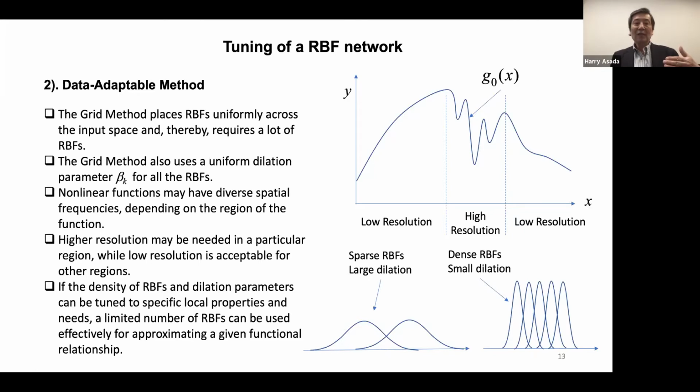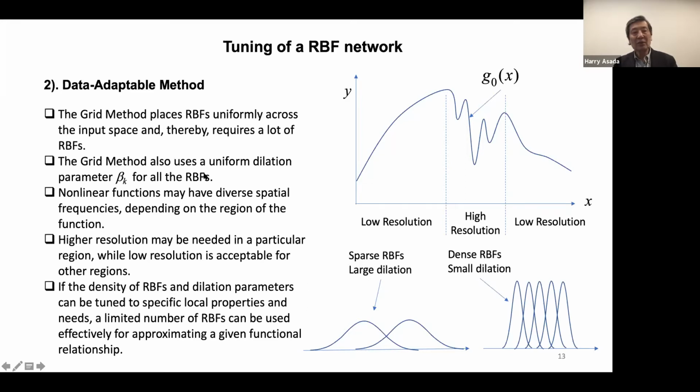So data provide some kind of properties. So why not tune these radial basis function parameters to meet such specific features of the nonlinear function? The grid method uses uniform dilation parameters beta, right?